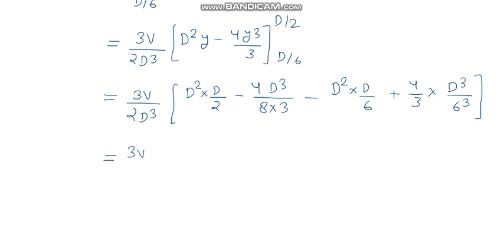If we simplify this, we get 28 D cube divided by 162.